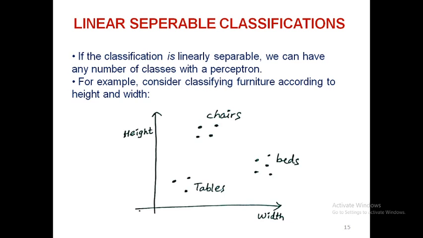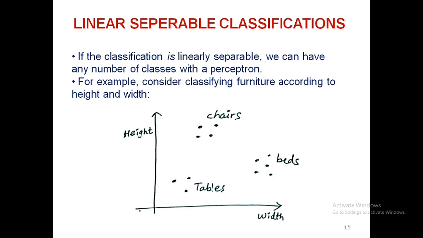When your height and width are both less, it will come under the table category. If I need less width and more height, the corresponding chairs will come. But if I need more width and less height, that comes under the beds category. So like that I need some classification.